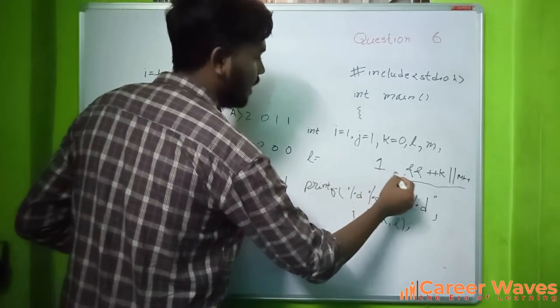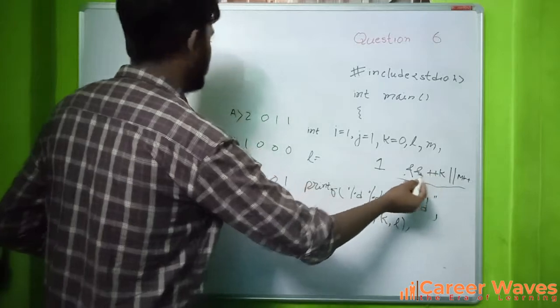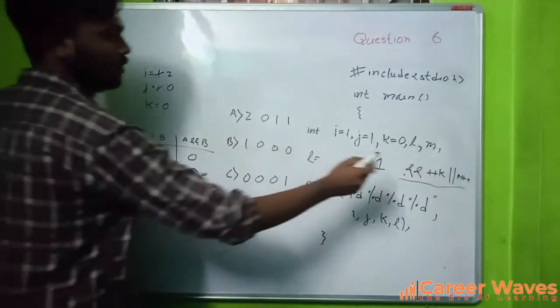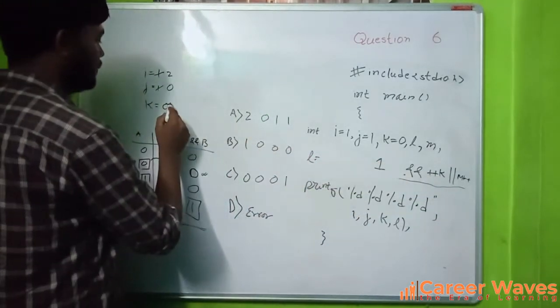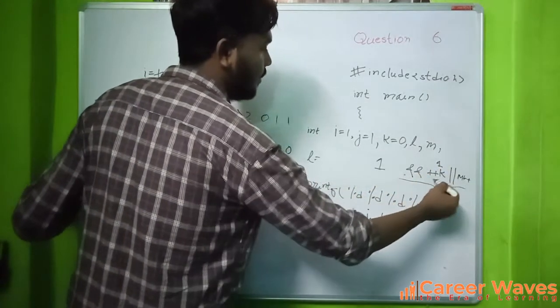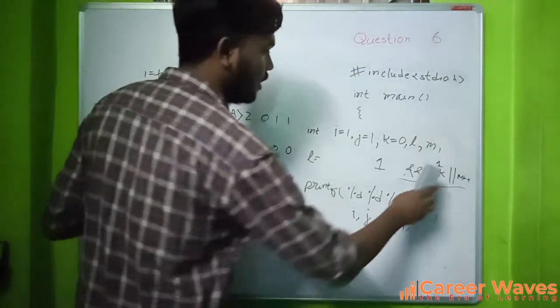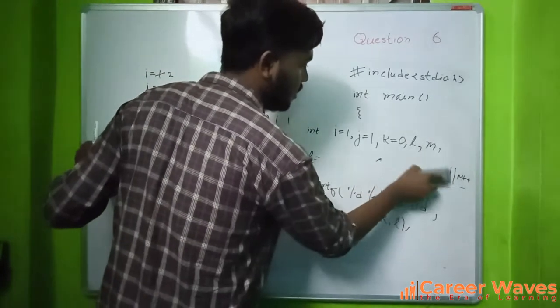Now 1 AND with ++k. ++k means, the k value is 0, so this is a pre-increment, so the value 0 becomes 1. So 1 logical AND with 1, again the value will be 1. Let us erase this.